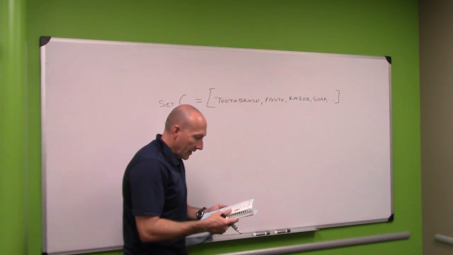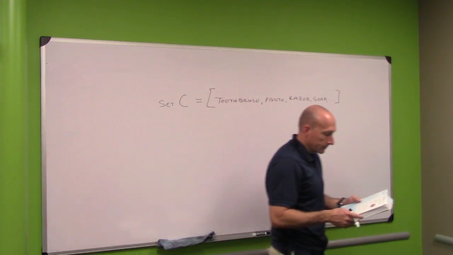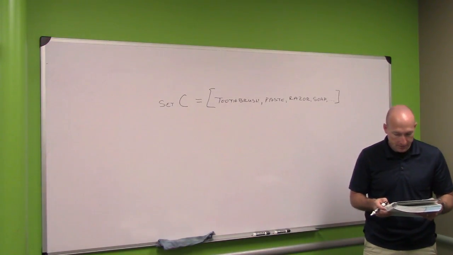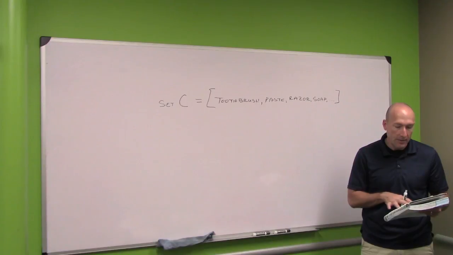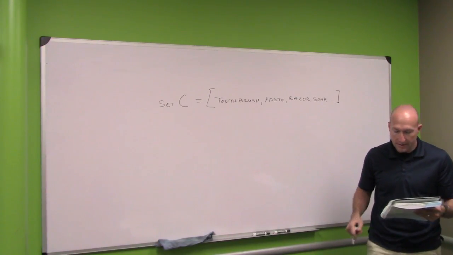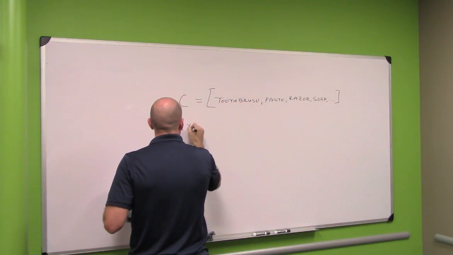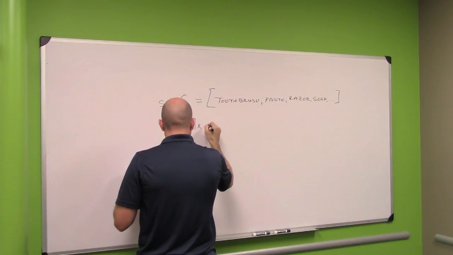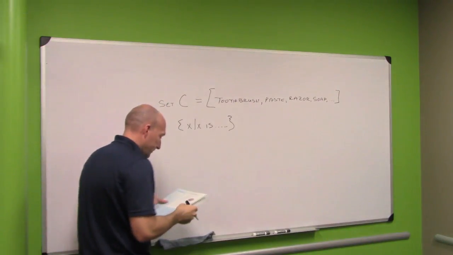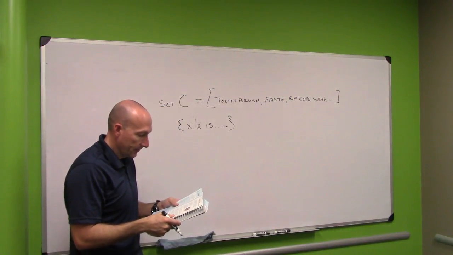So, now, as we read below that, the same set can be described using set builder notation. And let me read off what this says first. The general form of set builder notation is this, where X is an arbitrary element of the set.